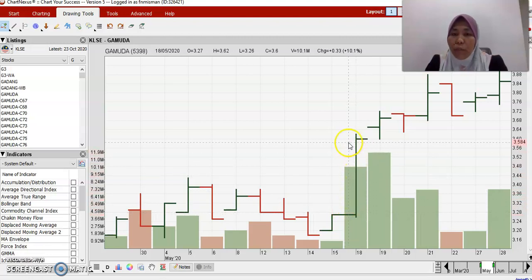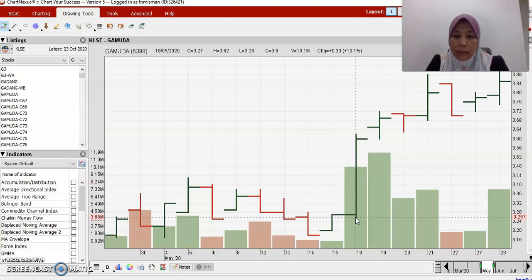The closing price is displayed by this point. How about the high? The high is the top or the peak of this bar, and the lowest point of this bar reports the lowest price for the day.